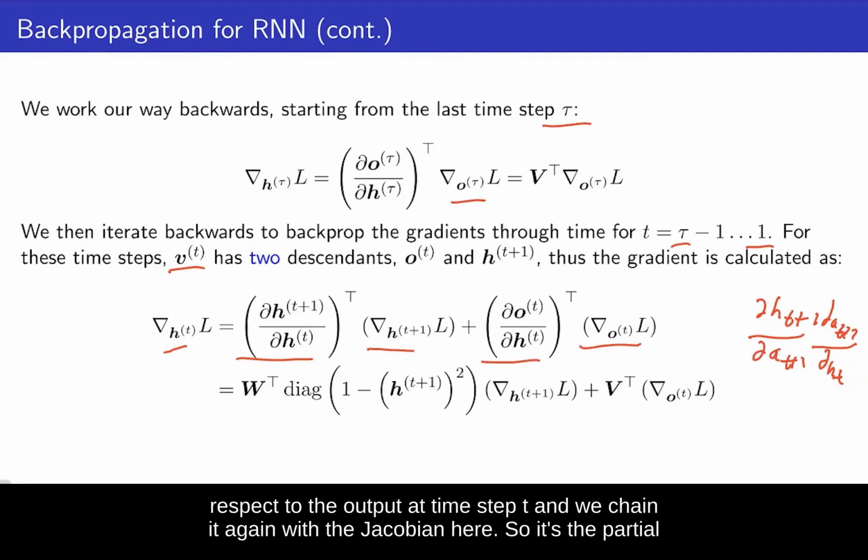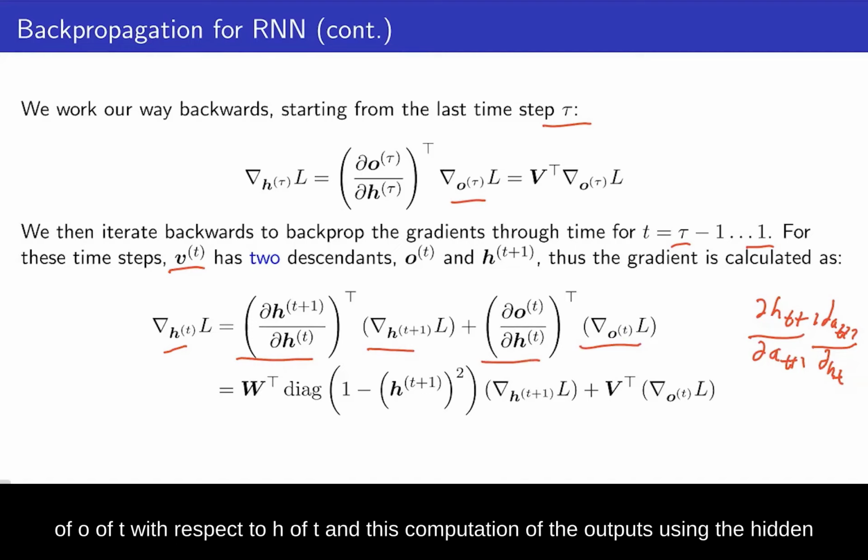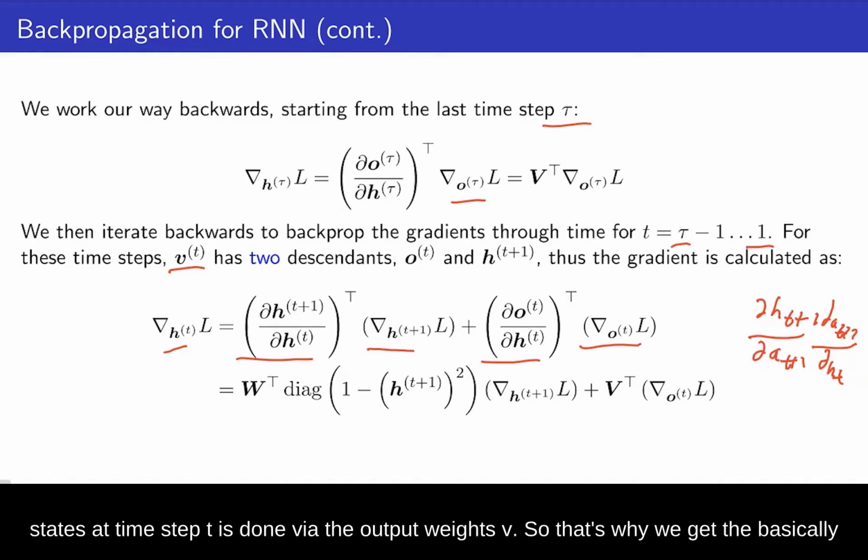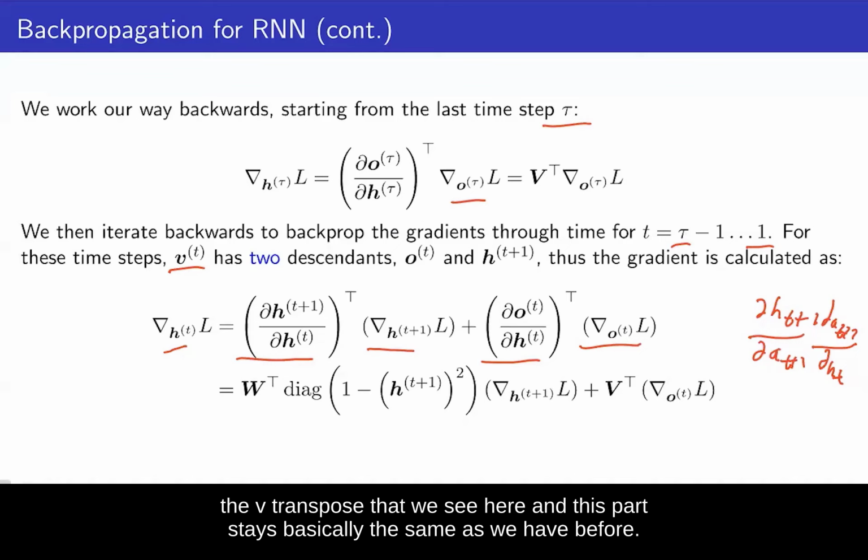So it's the partial of O of t with respect to h of t, and this computation of the outputs using the hidden states at time step t is done via the output weights V. So that's why we get the V transpose that we see here.